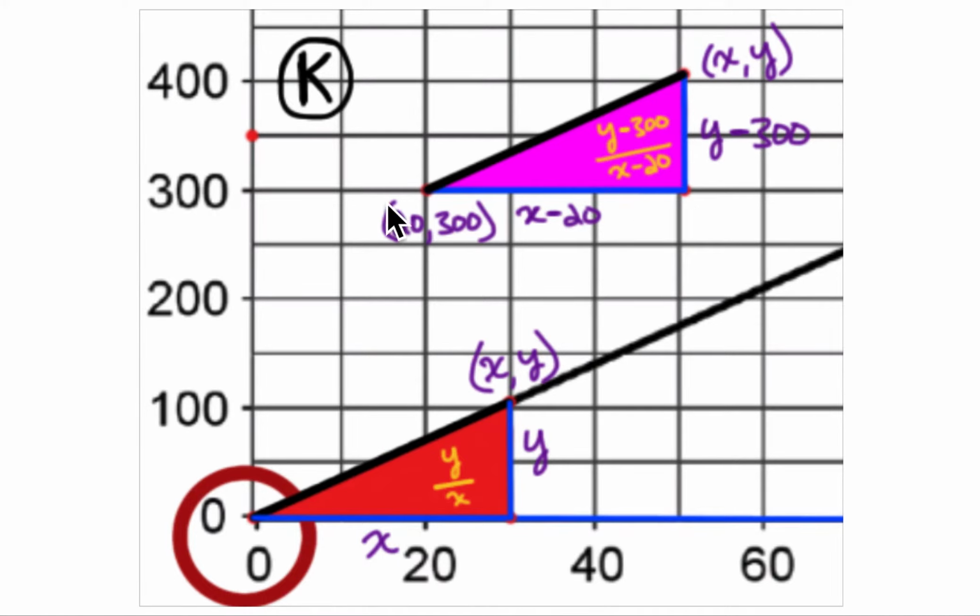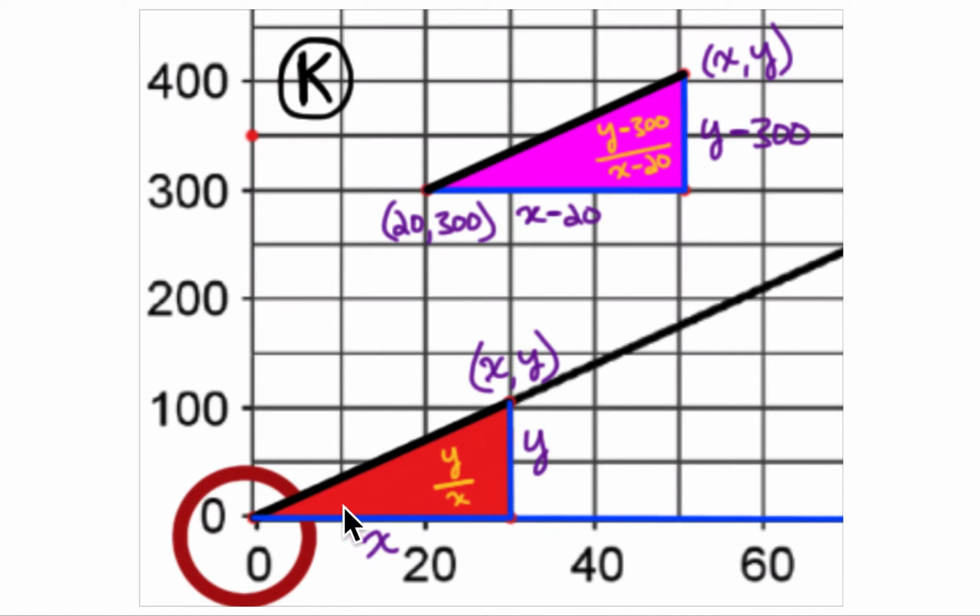You have to shift it over here and subtract the 20. So that's going to be y minus 300 to shift it down, and x minus 20 to shift it over. That ratio is going to equal the slope.